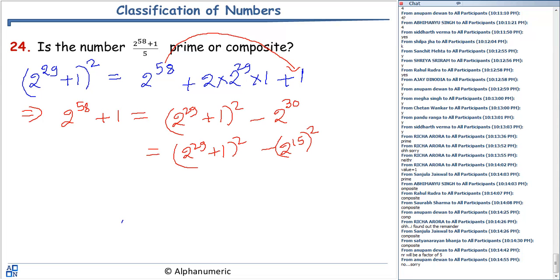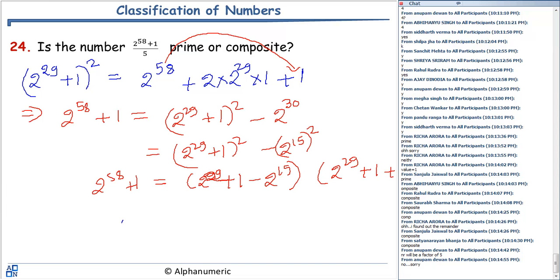So this will come out to be 2 raised to power 29 plus 1 minus 2 raised to power 15 into 2 raised to power 29 plus 1 plus 2 raised to power 15, a minus b into a plus b. So this is the value of 2 raised to power 58 plus 1.